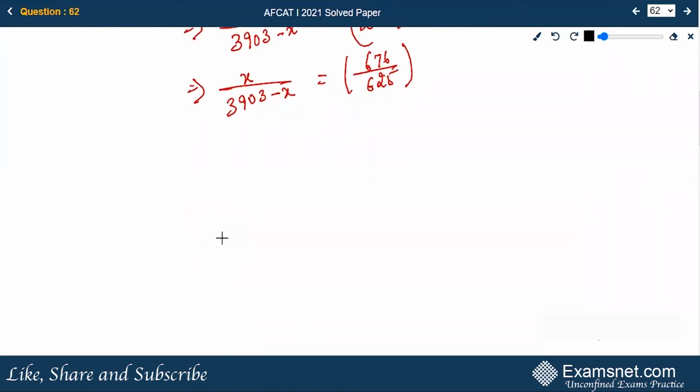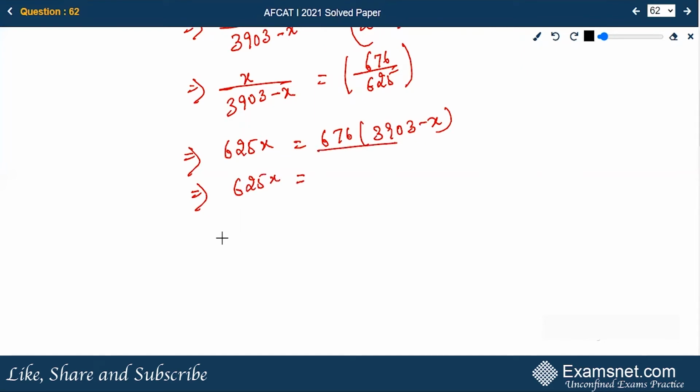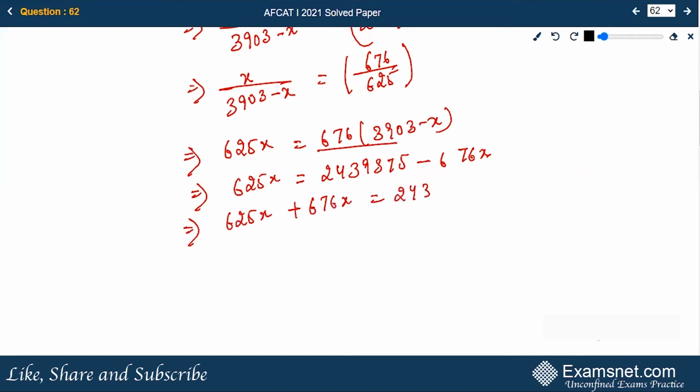Let's do the cross multiplication. You will get 625x is equal to 676 into 3903 minus x. So 625x, when you will multiply these two terms, you will get 2439375 minus 676x. 625x plus 676x is equal to 2439375.